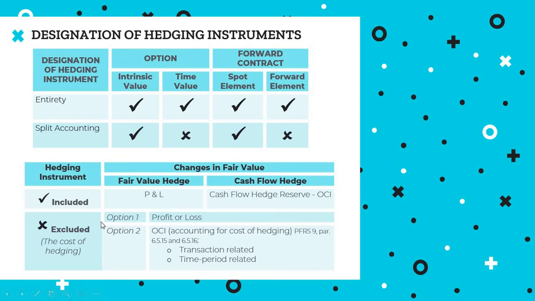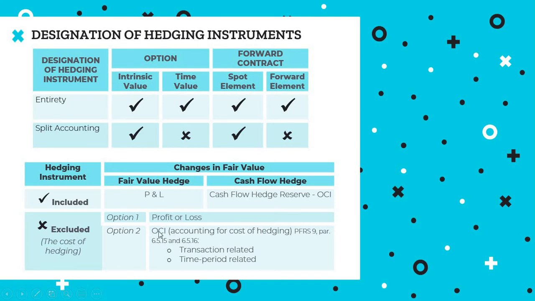Yung changes in the forward element will be recognized in profit or loss. At yung included, which is the spot element, since tayo ay nakasa cash flow hedge, i-record natin yun sa OCI. Again, ang term na gamit ng standard for the OCI related to the hedging instrument is the cash flow hedge reserve.